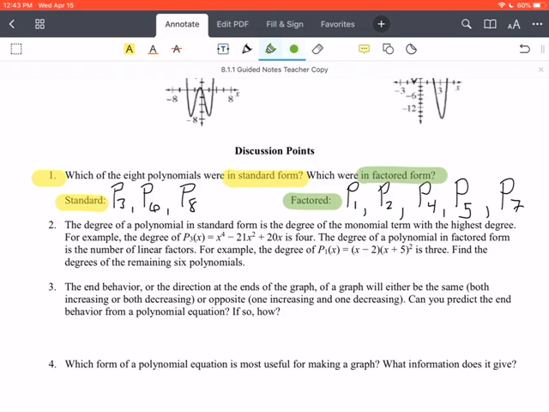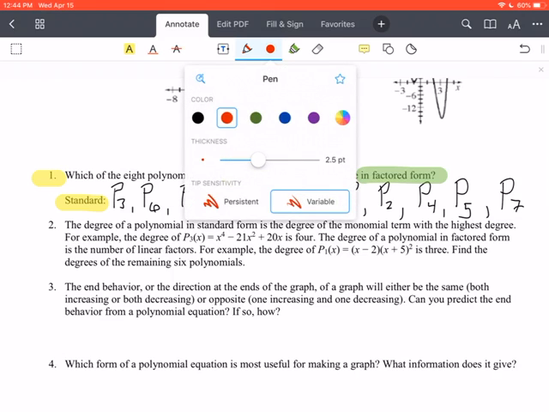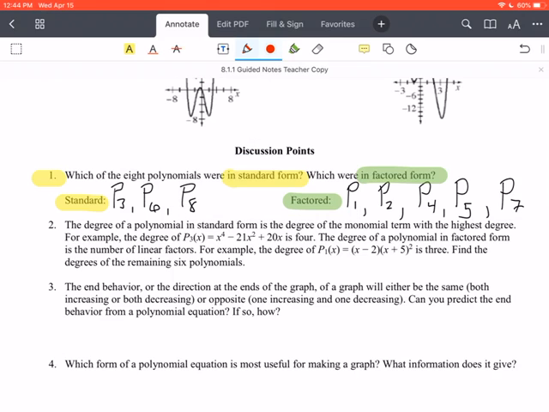Okay. So, number 2 says the degree of the polynomial, which we talked about last lesson on day 1. So, the degree of a polynomial in standard form, so we're talking about standard first, is the degree of the monomial term. Monomial means 1, so the term with the highest degree in the function.